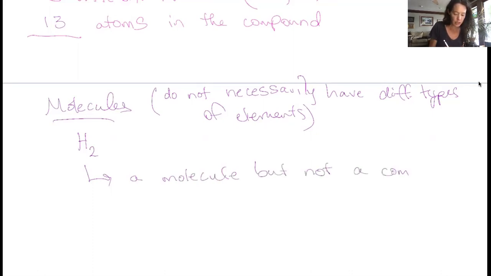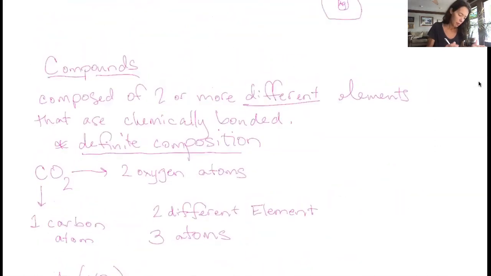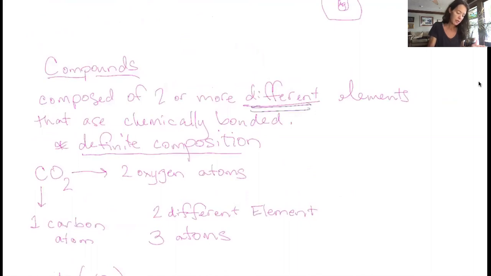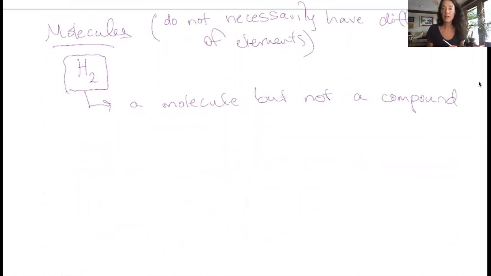So for Brain Genie, they work with the thought that all compounds are molecules, but not all molecules are compounds, because this cannot be a compound, because by definition, a compound has different elements, and this does not.